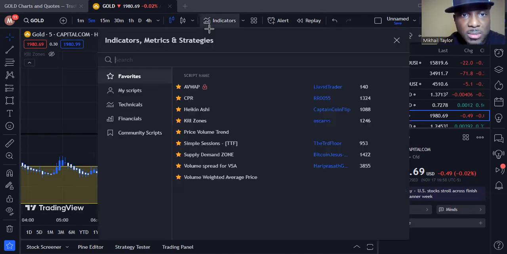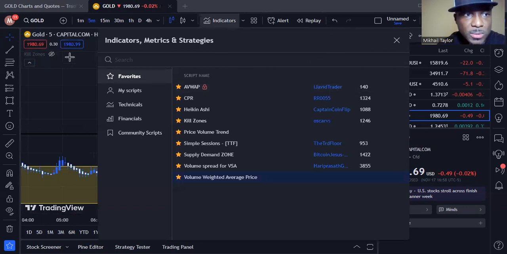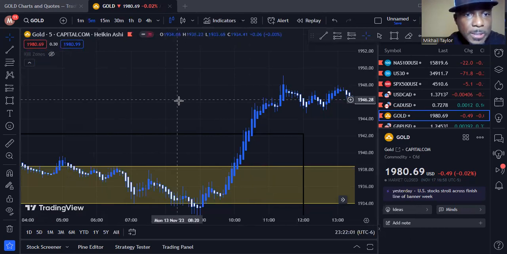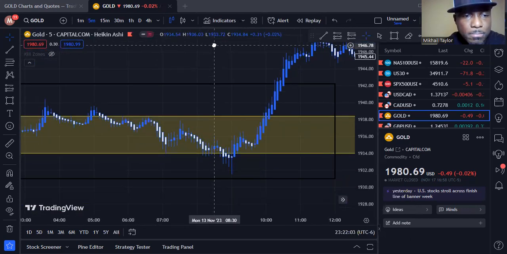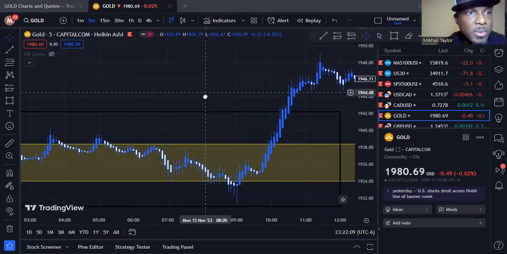Let me see, VWAP. VWAP is another tool I use. Shouldn't be having any issues with getting the VWAP on there though.